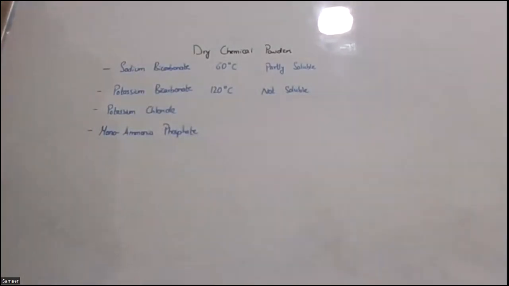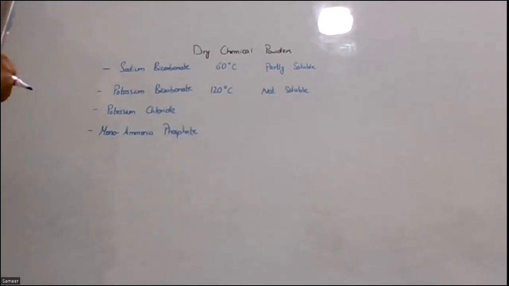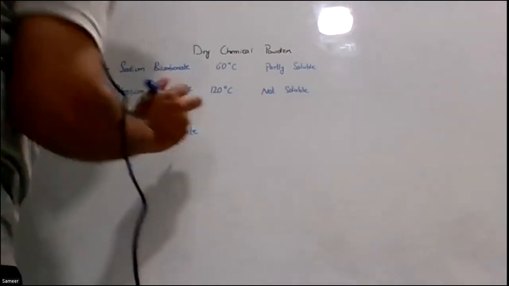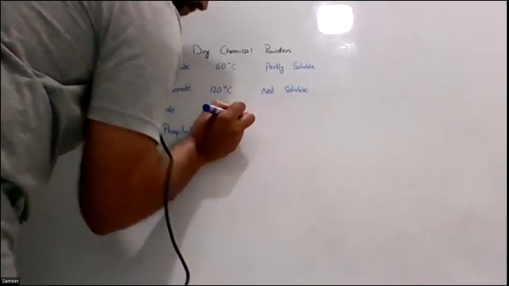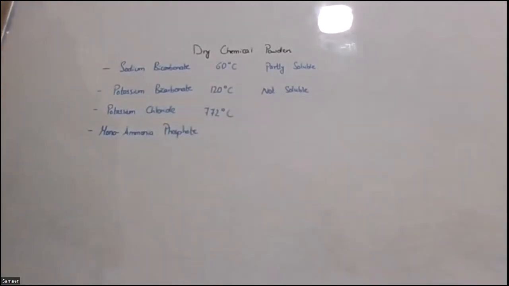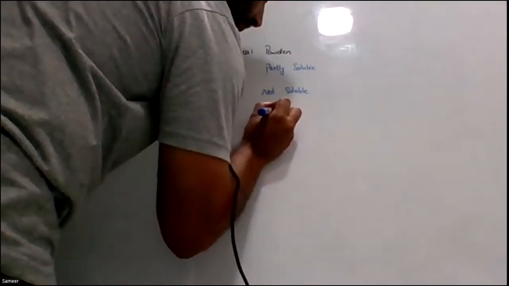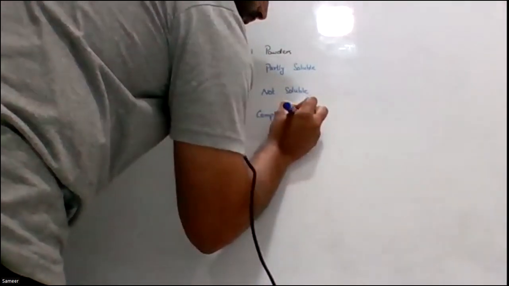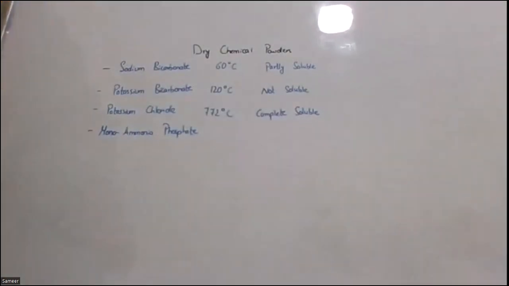Potassium chloride has the highest melting point. Potassium chloride is usually white crystals. They have the highest melting point among all the dry chemical powders, that is 772 degrees Celsius, and they are completely soluble in water. Then we have monoammonium phosphate.